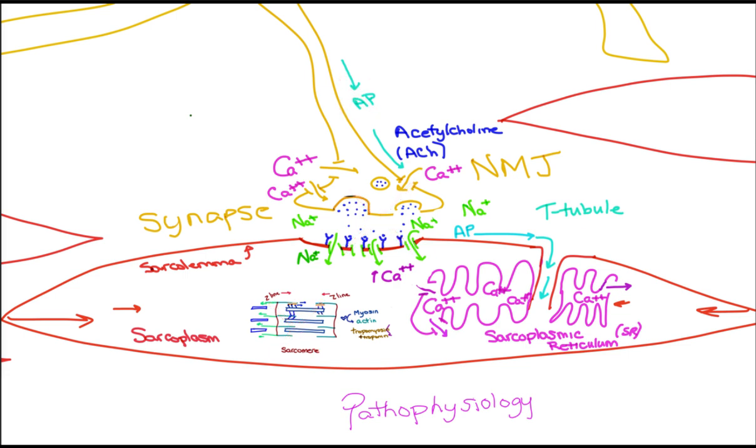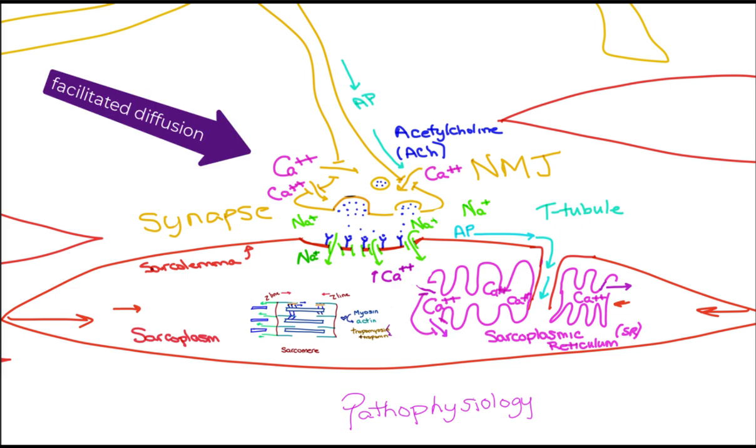Now remember, we move a lot of things around in muscle contraction. We're using a lot of facilitated diffusion where things are moving down their gradient and causing electrical signals. One of the reasons we use so much ATP in muscle contraction is because we constantly have to put them back. We have to transport or pump them back against the gradient using active transport.